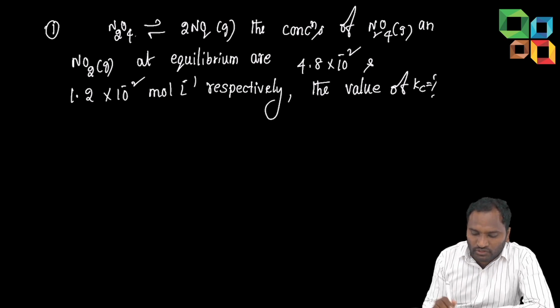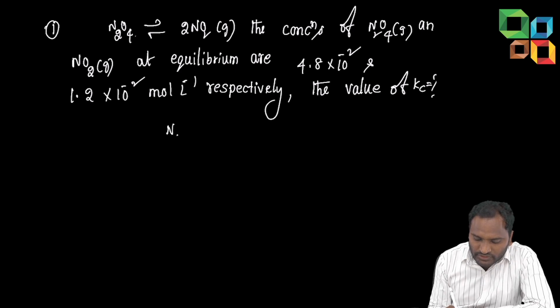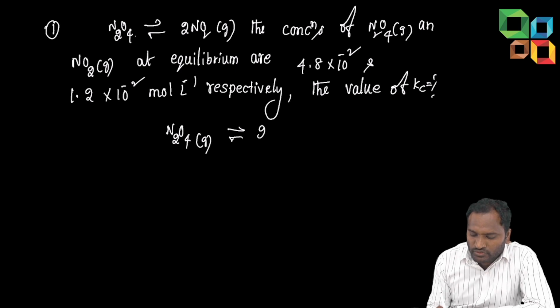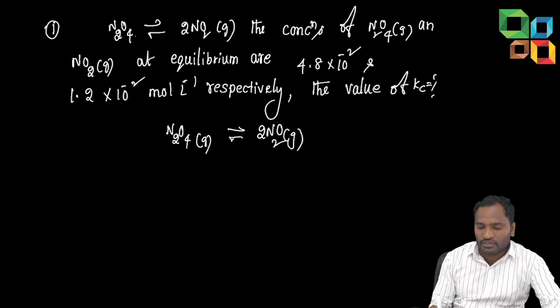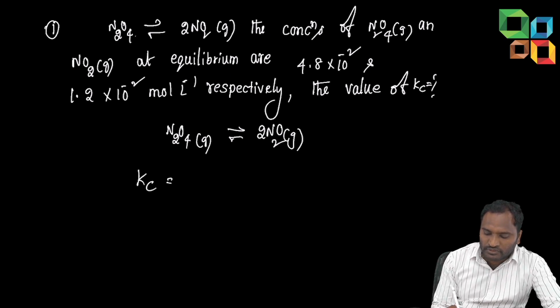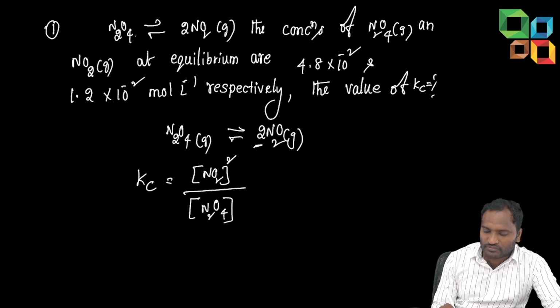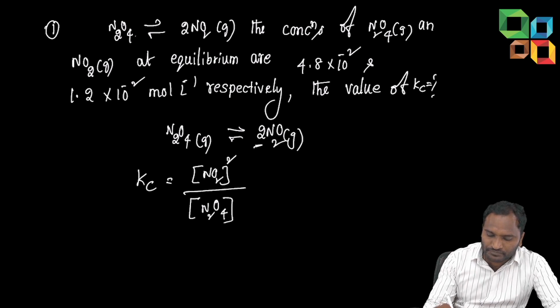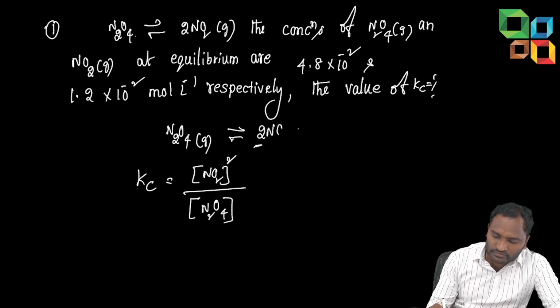First, how to write, students? This is the given reaction, N2O4 in equilibrium with 2NO2. Kc is equal to concentration of NO2 to the power 2, because if any coefficient is there, that will be raised as the power, divided by N2O4.